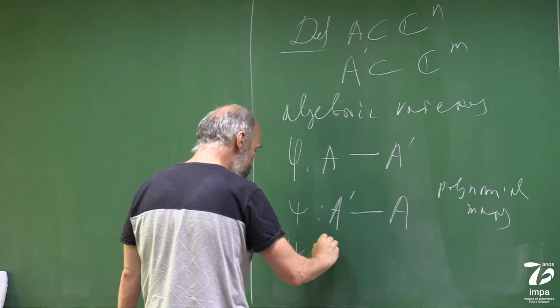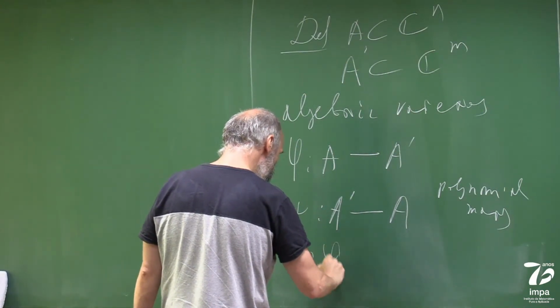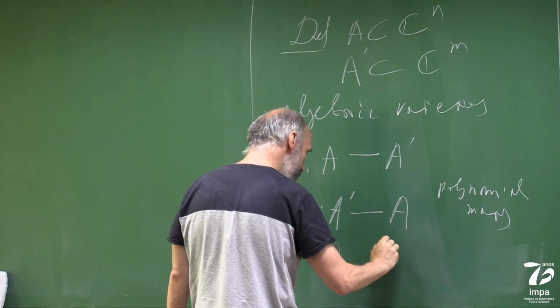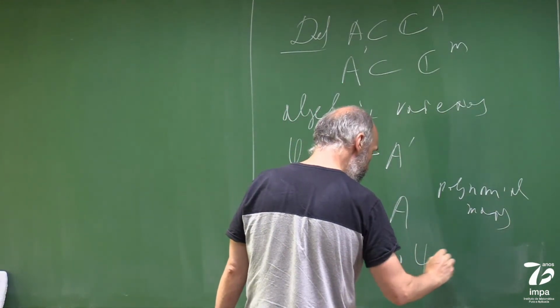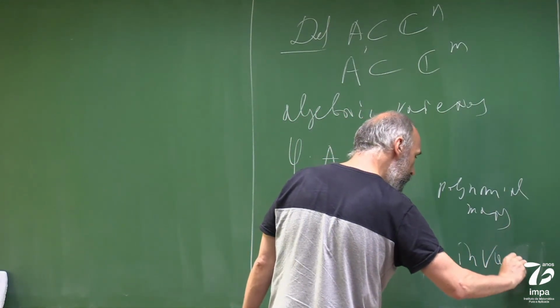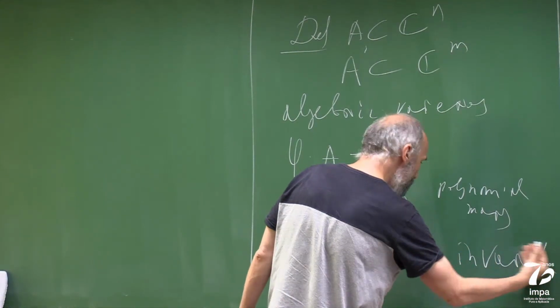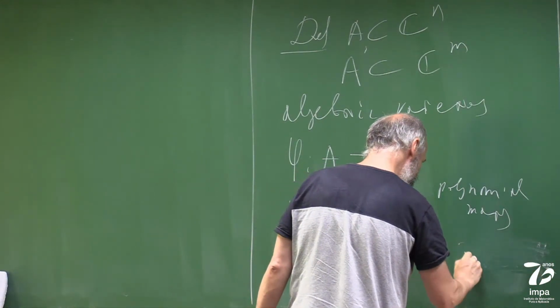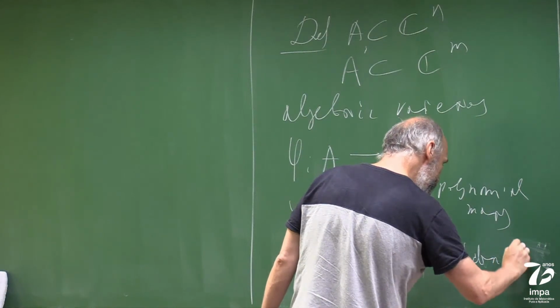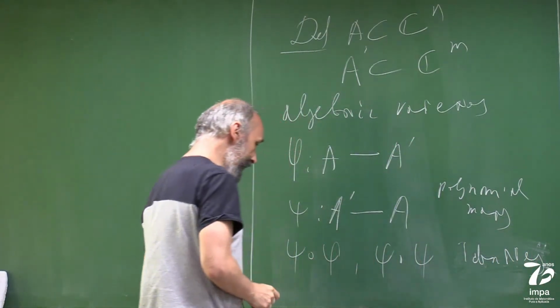And the compositions phi times psi and psi times phi are invertible, I mean inverse, identities. So these two maps are identity.